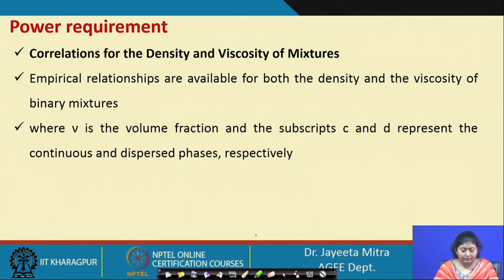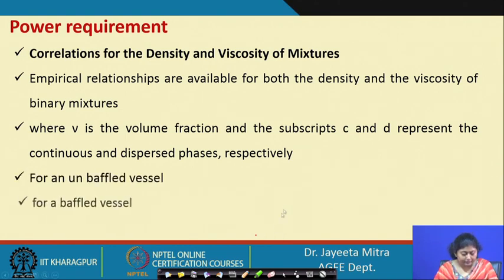If we see this equation, the combined density of a mixture rho is equal to rho c into V c plus rho d into V d, where V is the volume fraction and the subscripts c and d represent the continuous and dispersed phase respectively.